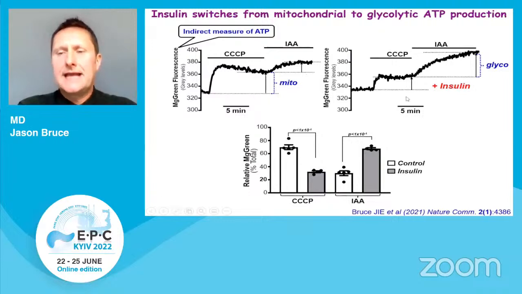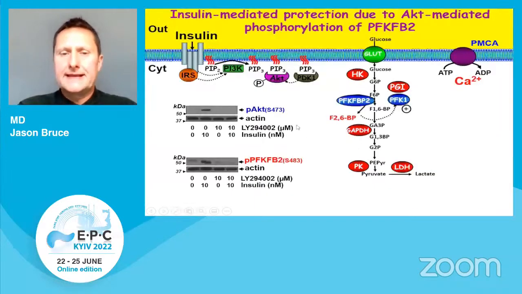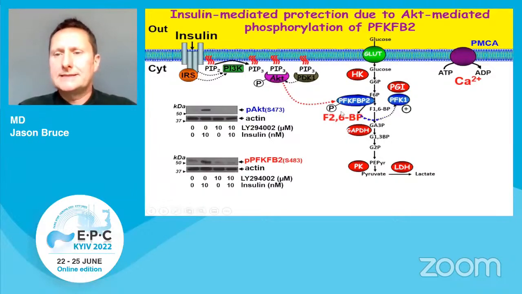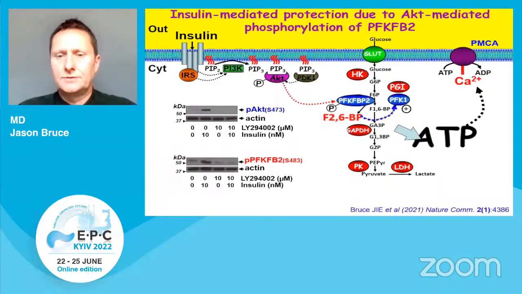And again, similar to NADH, insulin reduces mitochondrial ATP depletion and increases glycolytic ATP. The molecular mechanism for this involves AKT-mediated phosphorylation of the key glycolytic enzyme PFKFB2, which increases fructose 2,6-bisphosphate, thereby driving glycolytic metabolism and the preservation of cellular ATP, important for regulating PMCA function.